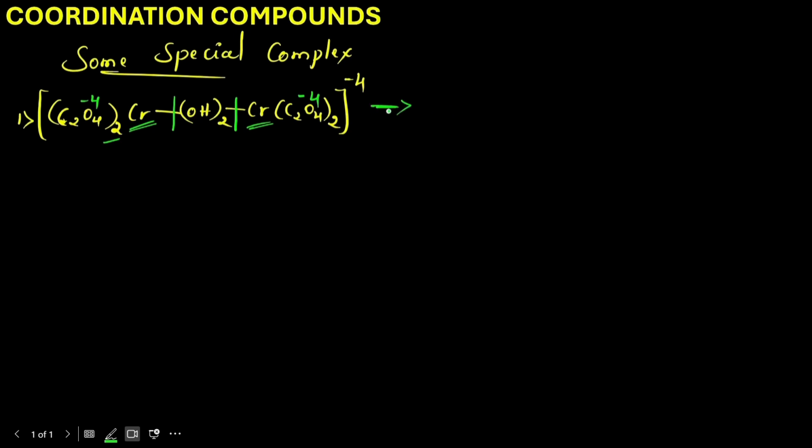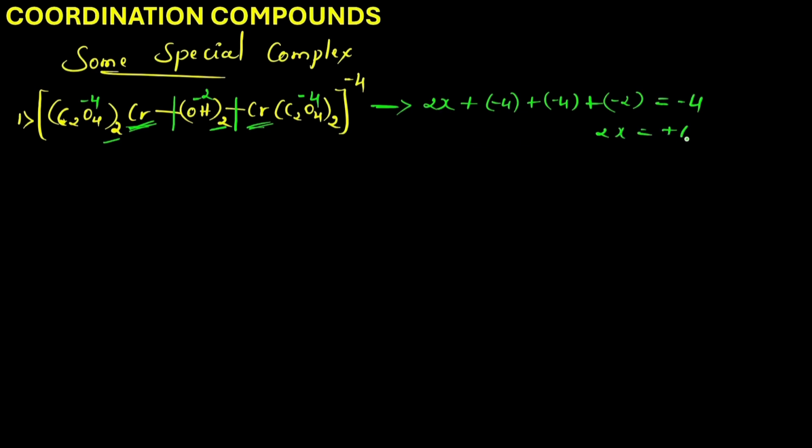So first we will write that here two metal ions are there, therefore it will be 2x, plus charge on the oxalato ligands are -4, again -4, plus, and here OH will be having -1 charge, therefore -1 into 2 it is -2. Here -2 should be equal to -4, therefore 2x is equal to +6 and x is equal to +3. The charge on each metal ion will be +3.